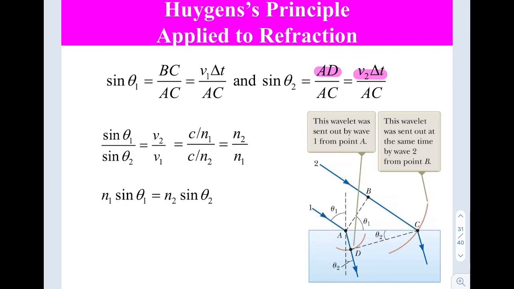The radius of the wavelet from B is equivalent to V1 times delta T, where V1 is the speed of light in the original medium.